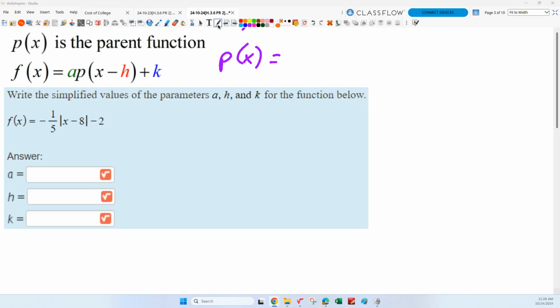Like, if I had something like f of x equals x squared, can I erase the 2? No, that's an exponent, right? That's part of the function. That's not a parameter. That has to be there for my function. But all the other numbers are just parameters. If I erase the parameters, I get absolute value of x.